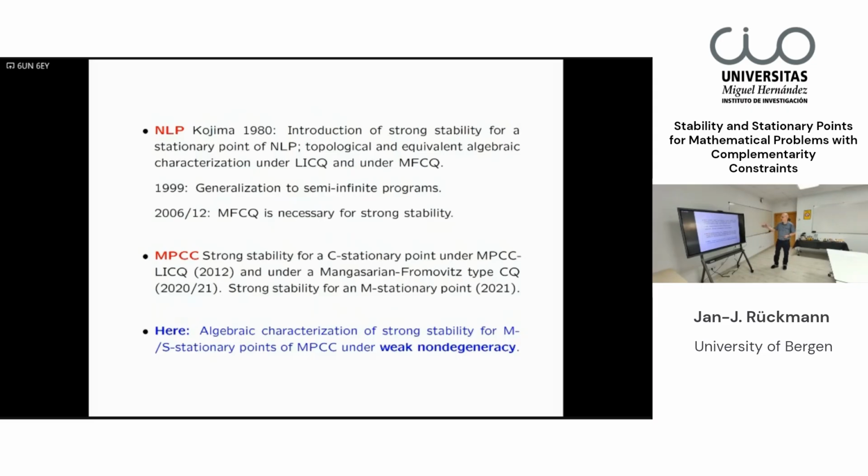Then there was a generalization to semi-infinite programs later on. Kojima did this under linear independence, and also under the Mangasarian-Fromovitz constraint qualification and without linear independence. Later on, in 2006 and 2012, it was shown one needs the Mangasarian-Fromovitz constraint qualification in order to get strong stability.